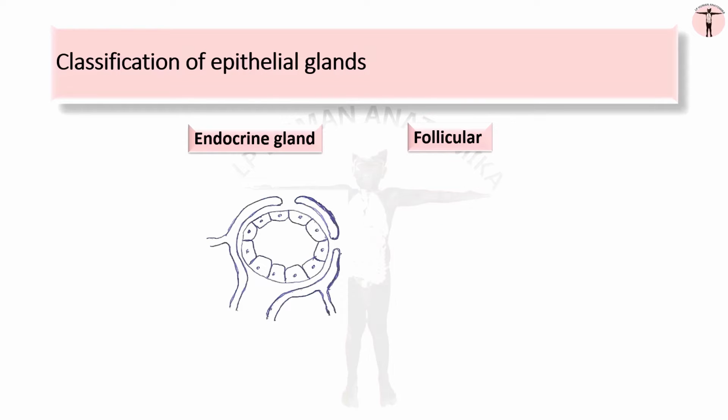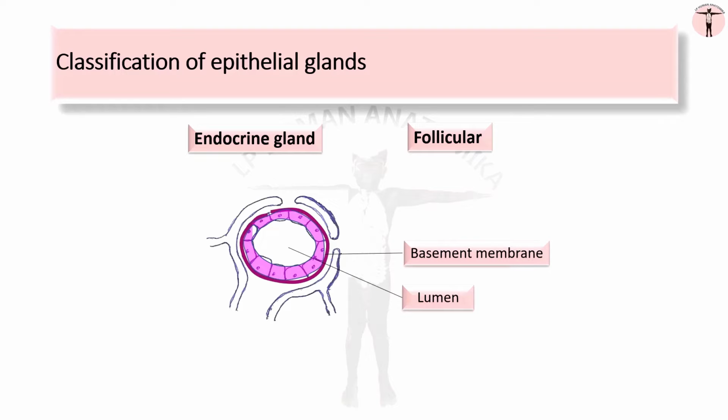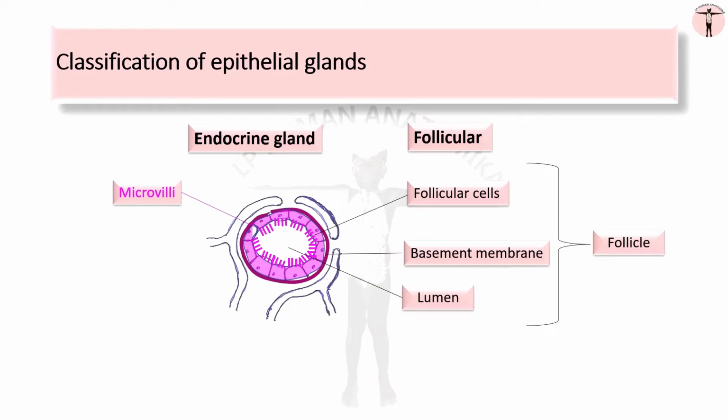In the second type of endocrine glands, which is the follicular type, the cells are arranged in a single layer on a basement membrane surrounding the central lumen. The cells are called follicular cells and all these together are called a follicle. The luminal surface of the follicular cells is provided with microvilli, and outside the basement membrane, the follicles are surrounded by an intense capillary plexus.